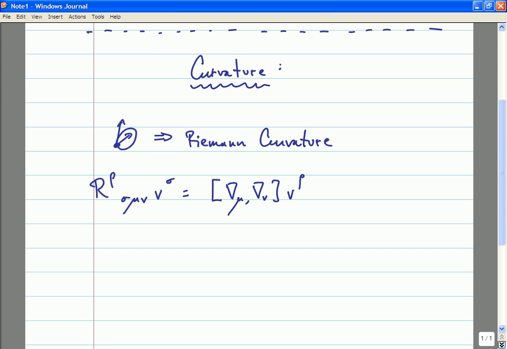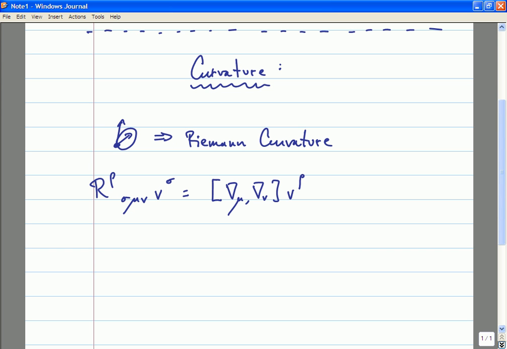That's something that you could work out if you were so inclined. For example, I believe it might be worked out in the text, or you could work it out for yourselves, what the tensor is that measures the failure of covariant derivatives to commute with one another when acting on one-forms. It turns out to be a slightly different structure, which is built out of the Riemann curvature tensor.